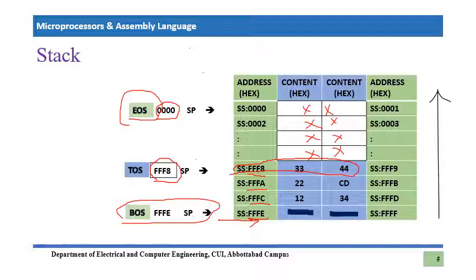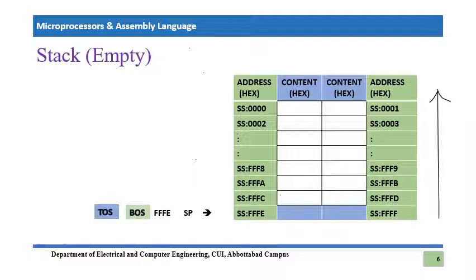So these are the 3 important terms: bottom of the stake, the starting address of the stake, top of the stake, the very last used location, and the end of the stake up to which we can actually fill the stake.